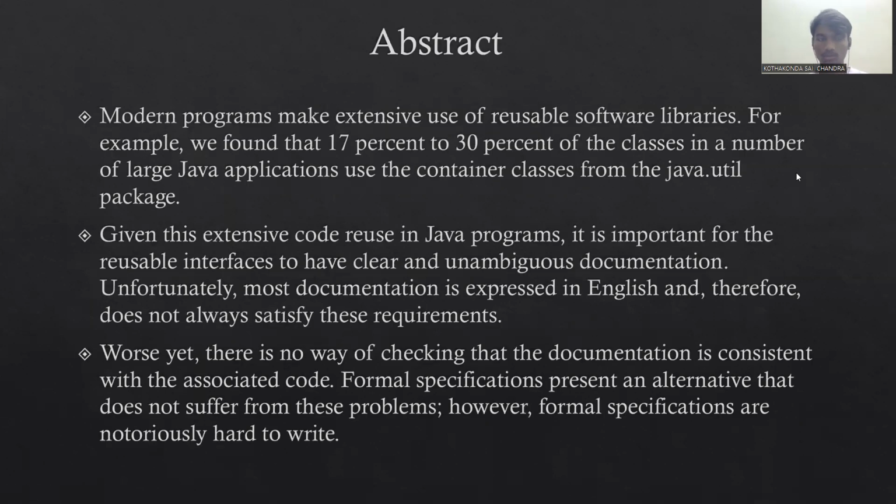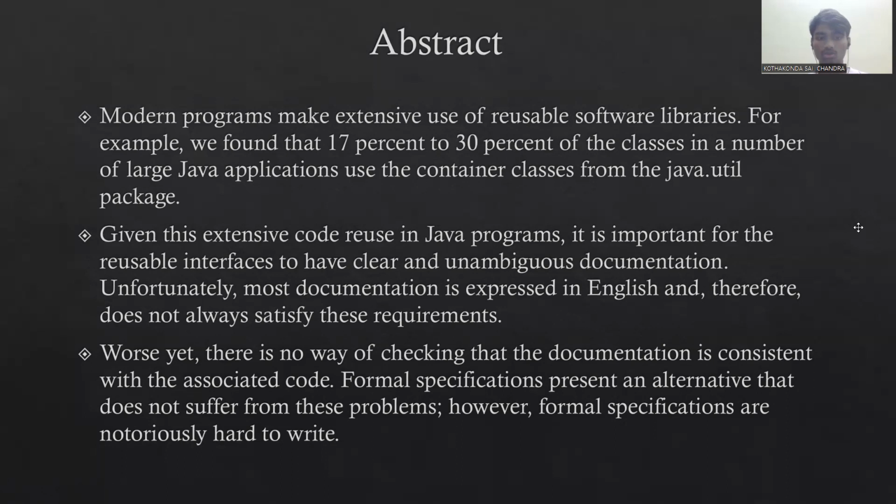The abstract of this topic is: modern programs make extensive use of reusable software libraries. For example, we found that 70 to 30% of the classes in a number of large Java applications use the container classes from the java.util package.